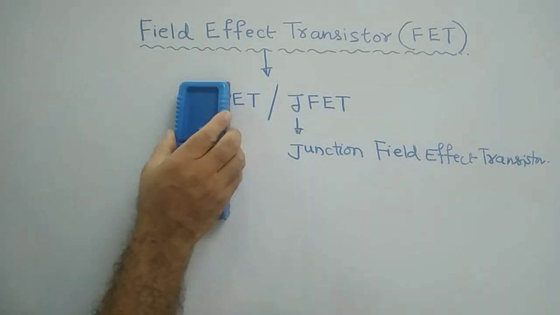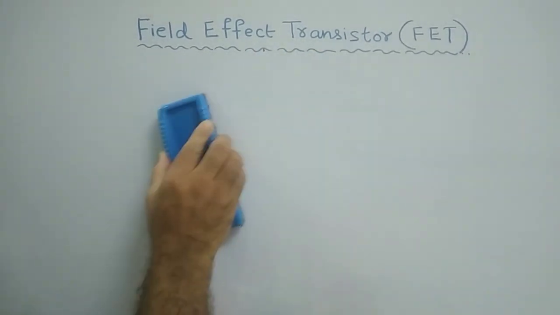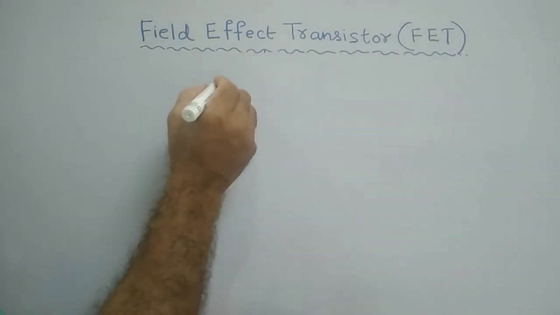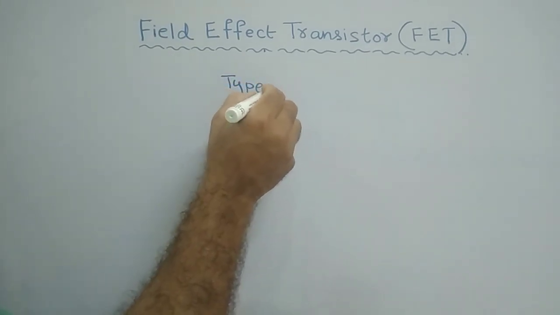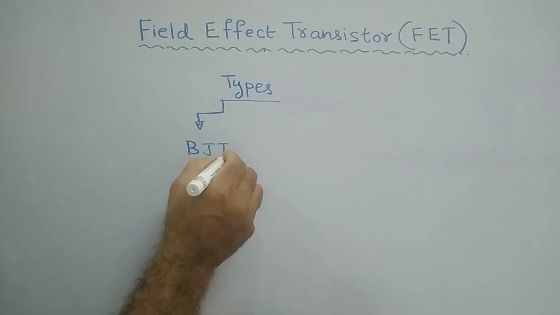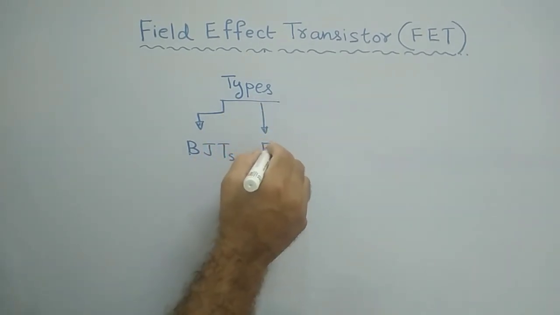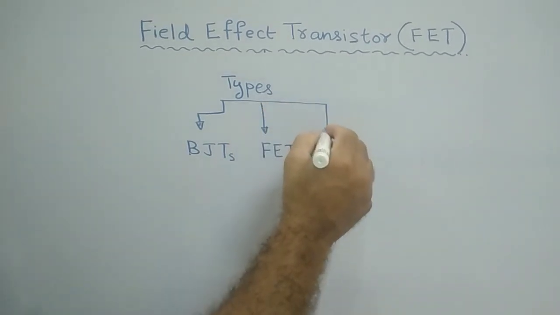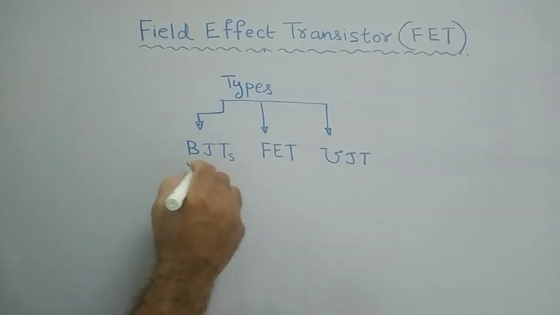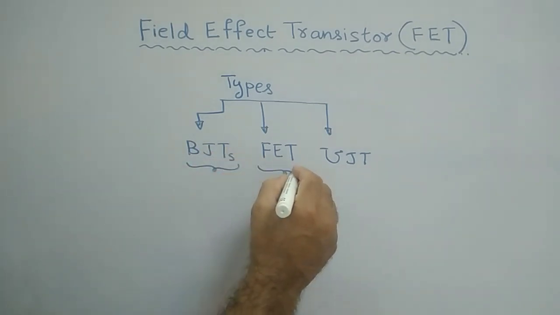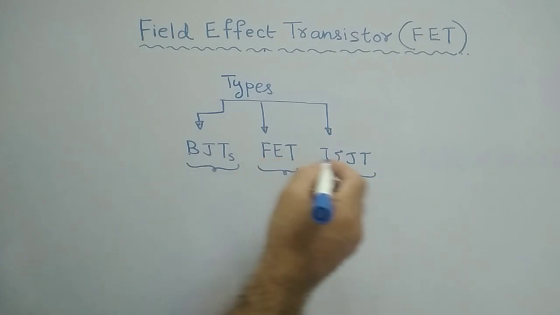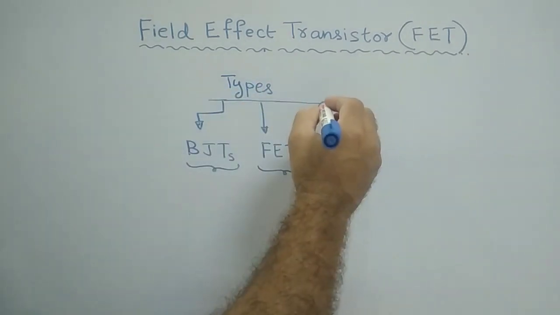If you go through our previous presentations, I explained the types or classifications of transistors: the BJT, that is bipolar junction transistor, the second category is the FET, field effect transistor, and the third one is the UJT, unipolar junction transistor.